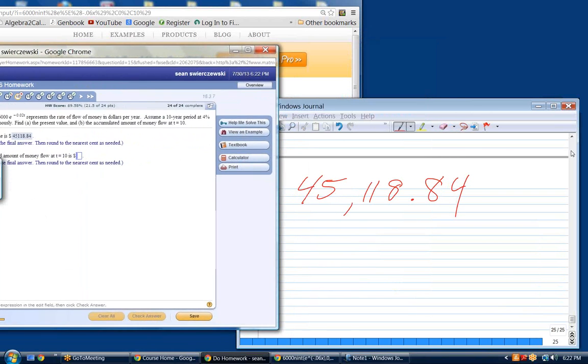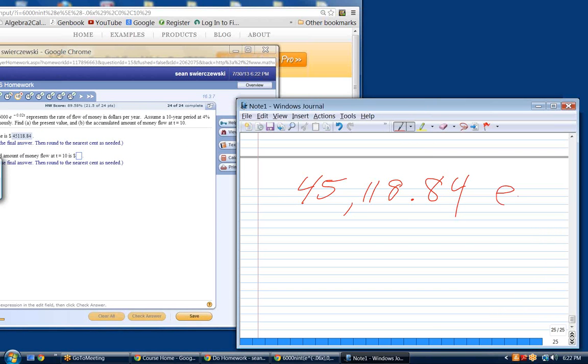Now we want to take this number and multiply it by e to the rt, where t is 10.